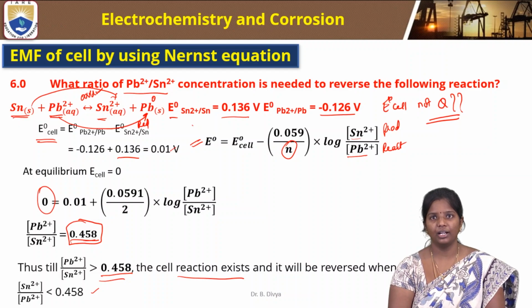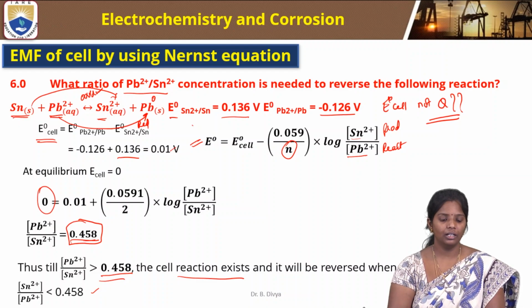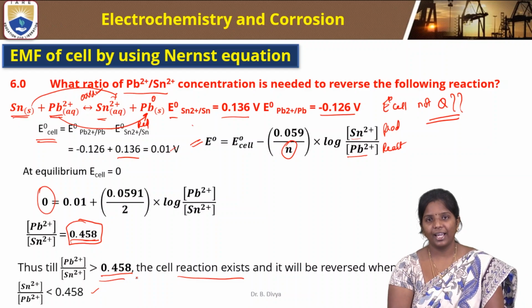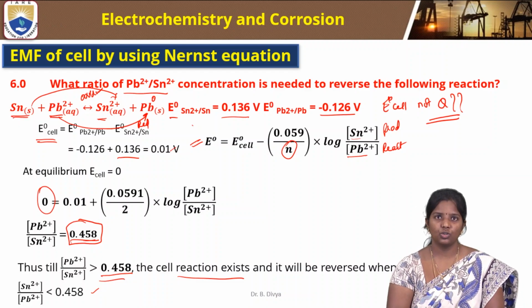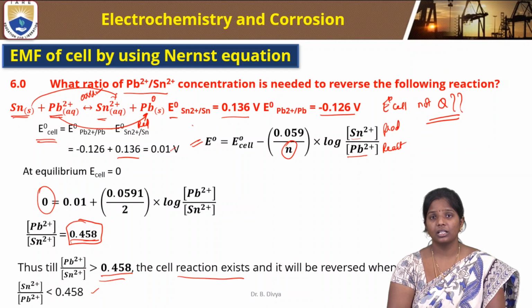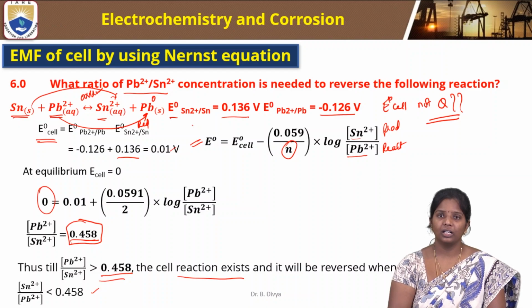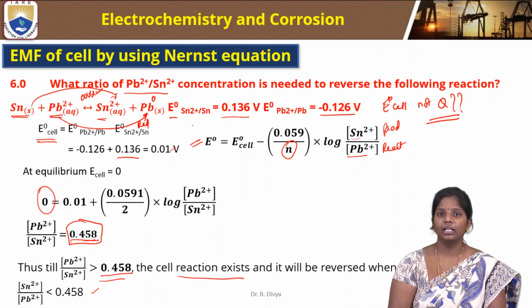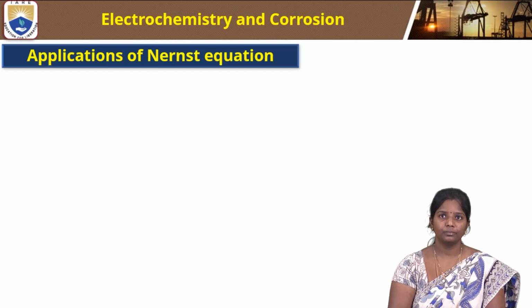The ratio that is calculated gives an understanding that until the concentration ratio reaches this value, the cell reaction cannot be reversed. So the Nernst equation helps us in understanding the reversing of reactions, the backward reactions taking place during any of the synthesis processes in industrial applications.